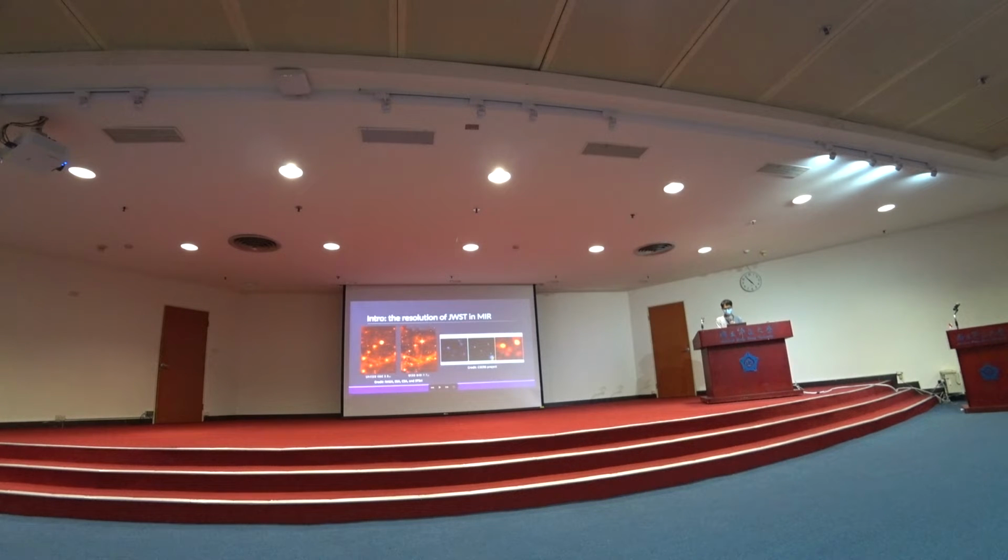Then we use Stephan's Quintet from the JWST MIRI image, and this image is composed of 2 components. One is the foreground galaxy NGC 7320, and the other is a galaxy group. This image is very beautiful, but when we're doing the galaxy source count, actually we don't need Stephan's Quintet because we want to count the galaxies in the field.